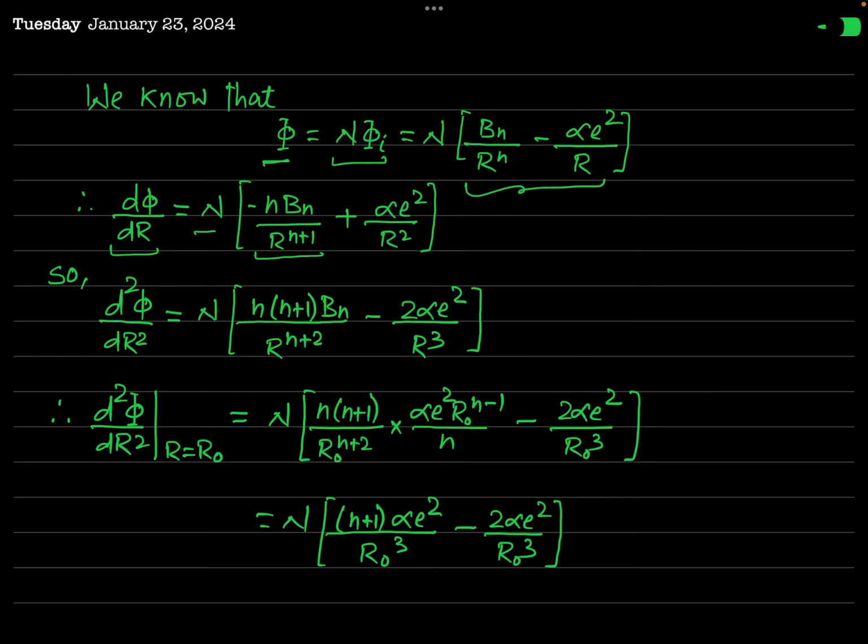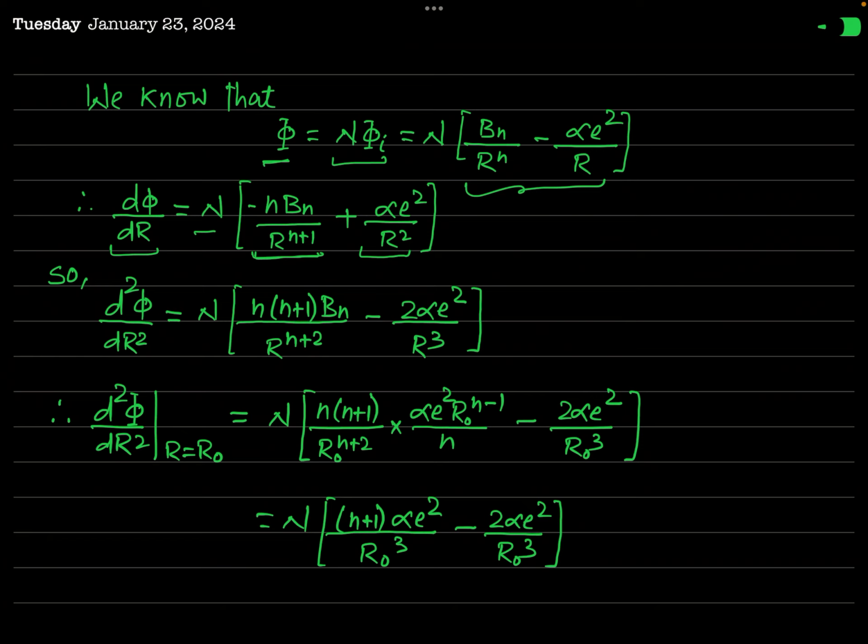So the first term inside the bracket will be minus n times Bn divided by r to the power n plus 1. Now in the second term, 1 by r will be differentiated, which gives minus 1 by r square, but a minus is already present there, so minus minus becomes plus. So the second term becomes alpha E square over r square.